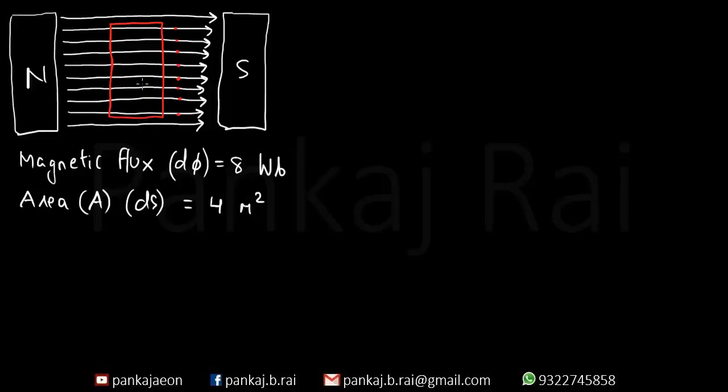Let's say the breadth of the coil is 1 meter, and the length or the height of the coil is 4 meter. So the area of the coil, which is a rectangular coil, is 4 times 1, so it is 4 meter square. So that is the area.